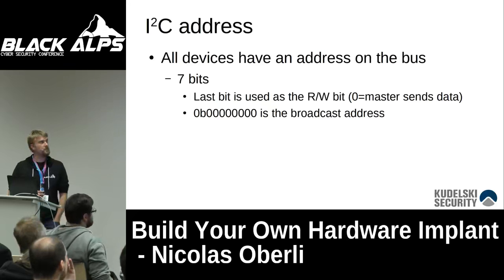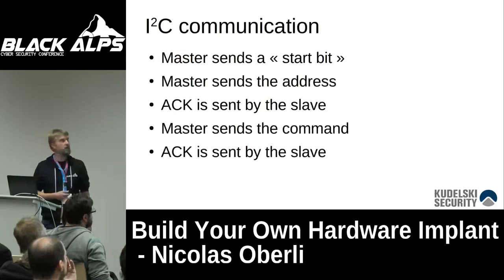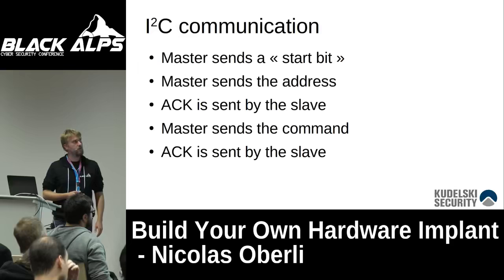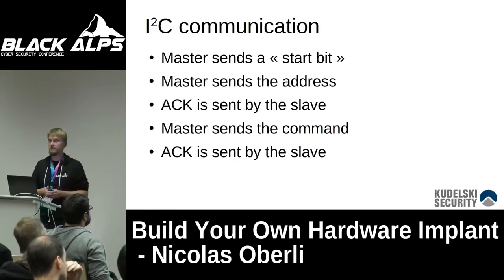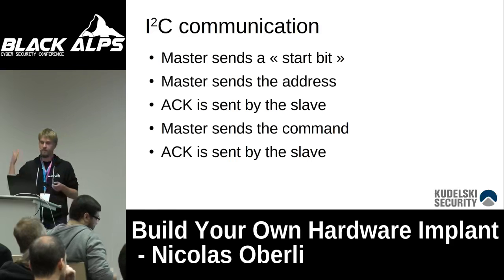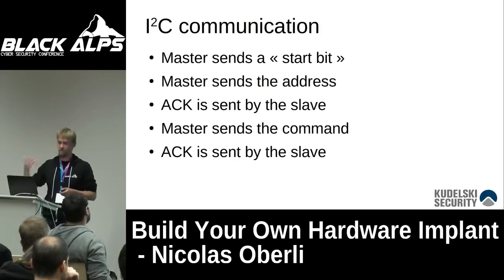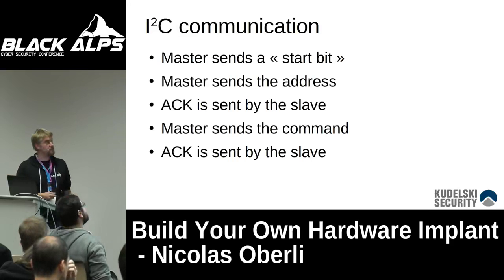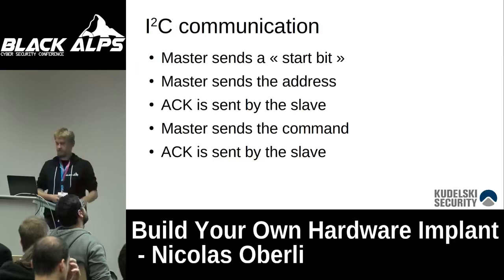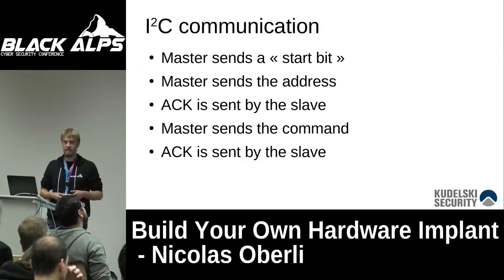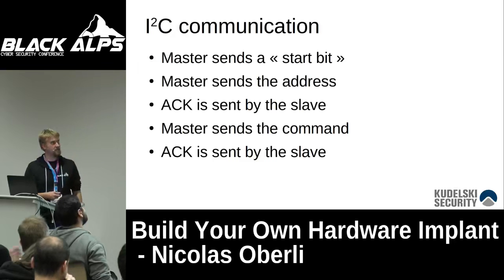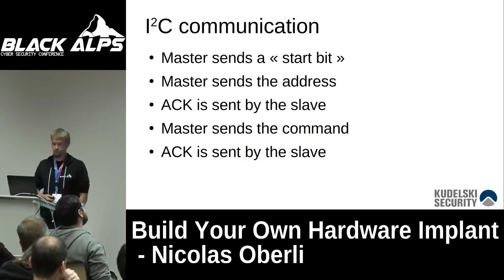So when you send a communication, as the master, you have to send what is called a start bit. It's a way for the master to say, okay, I will start a new transaction on the bus. Then you send the address. If a slave is at that specific address, it needs to acknowledge that address.